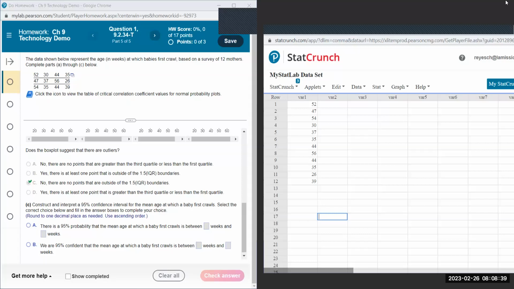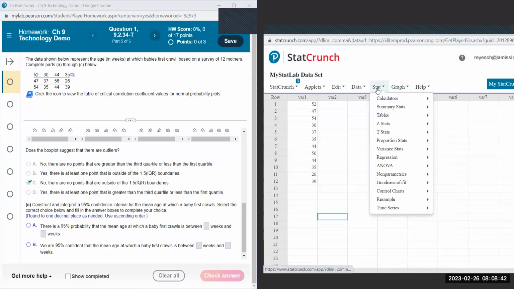So to do that, we're going to go to stat. And you have 3 choices for confidence interval, depending on which test you're doing. If you're doing a test on quantitative data where you summarize it with means, you're going to do t-stats. If you do an analysis on categorical data, which are measured in proportions, then you do proportion stats.